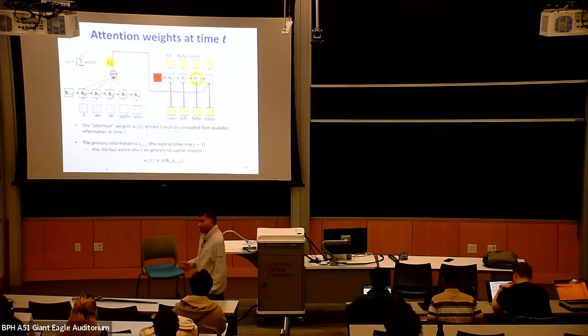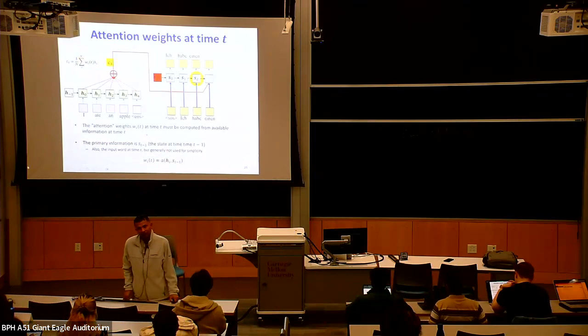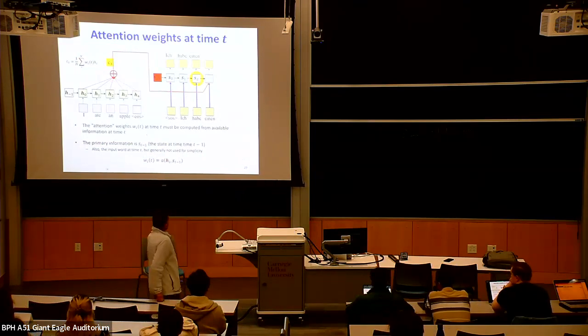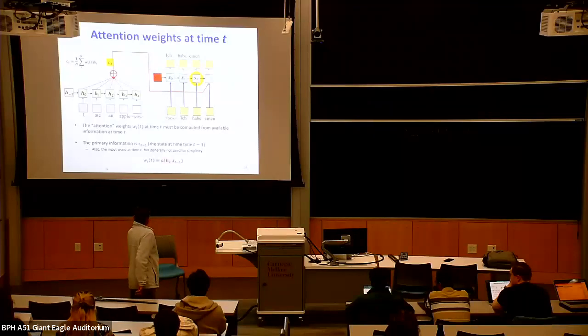Now, how can we compute these weights? Yes, Chetan. Are we taking the weighted sum of the hidden states themselves or the outputs too? The hidden states themselves over here, right? So just the h's. Look at what the context vector is.